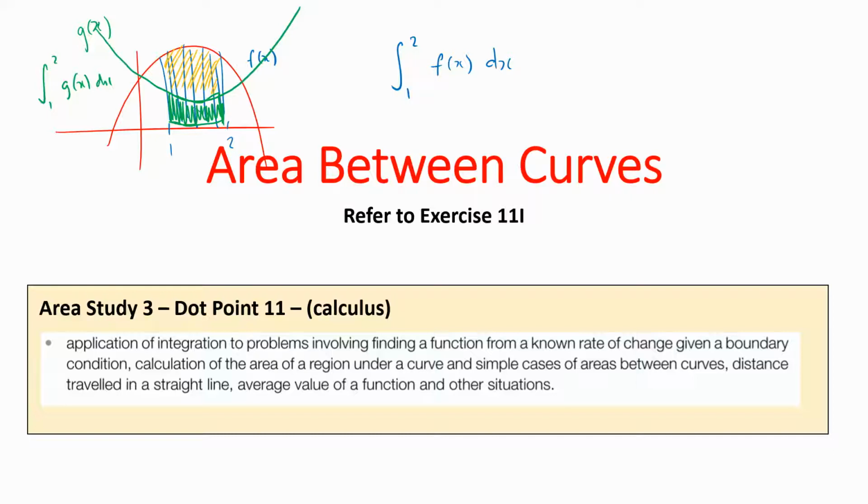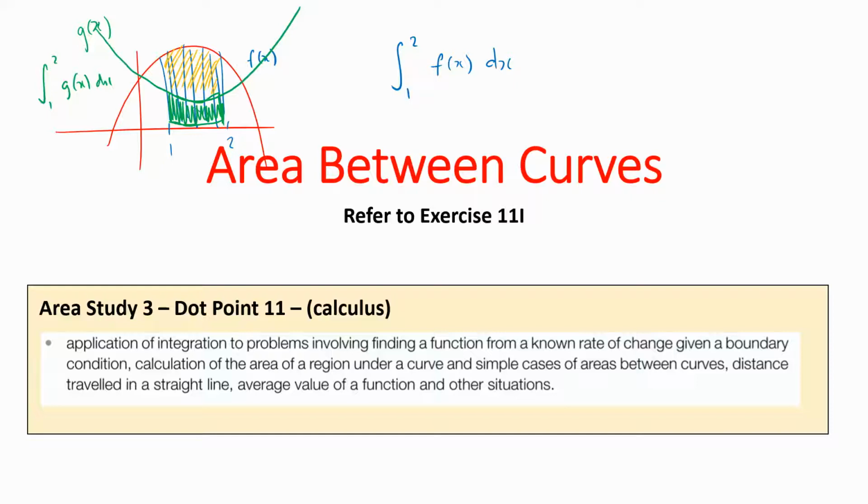Just a logical answer. Yeah, that's all you're doing. All you're doing is you take the large area, which is the blue, take away green, to give you leftover orange. True?